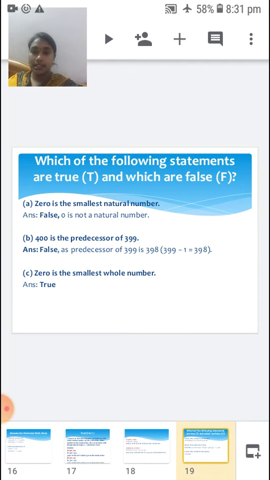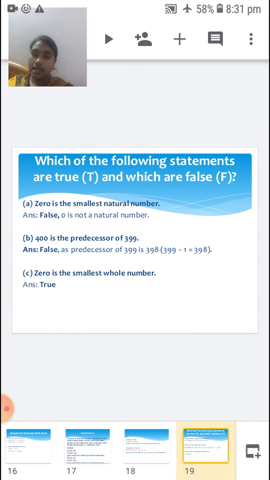So we have 398 which comes before 399. Hence the statement will be like this. False, as predecessor of 399 is 398. It is false.